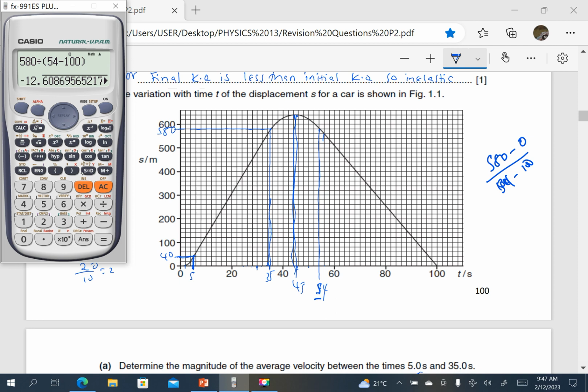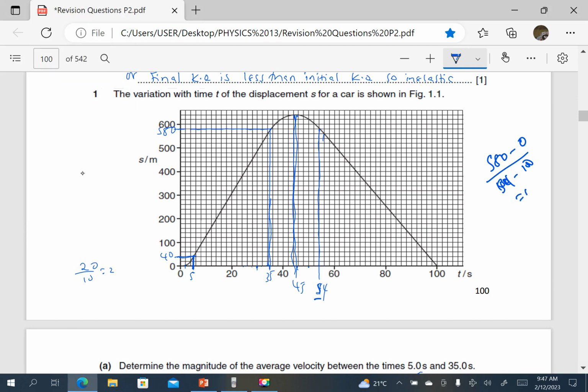So you see that this gradient is 12. The other one was 18. So this is a smaller gradient, around 12.